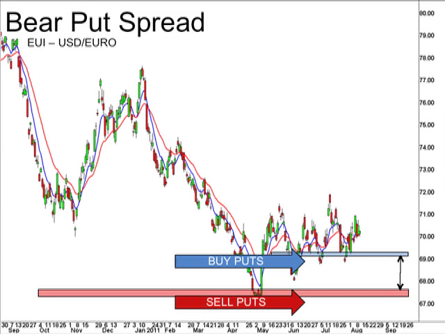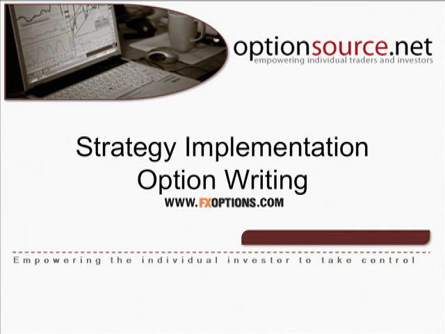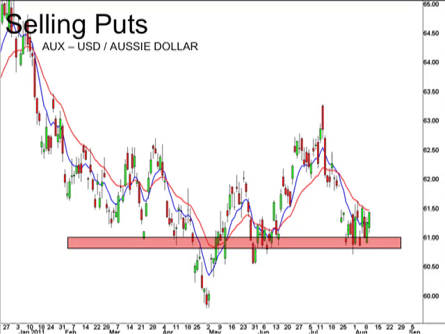It allows us to lower our break-even point and lower our risk exposure, and ultimately it compensates us for overpaying for our long put position. So that would be the consideration with this particular chart.